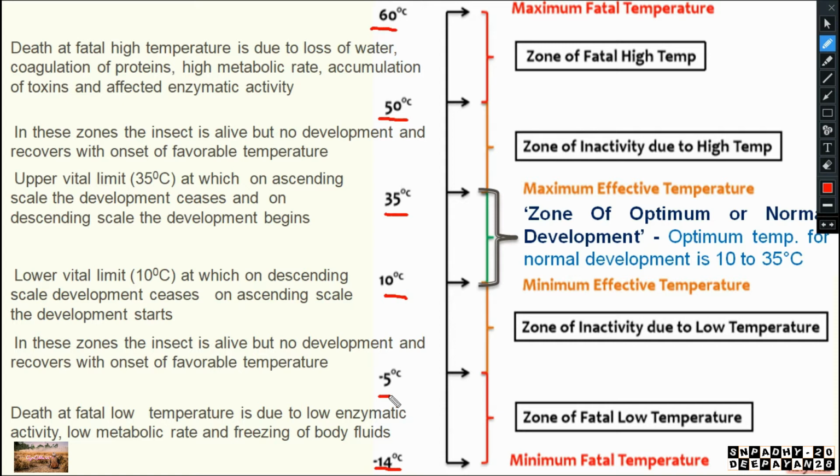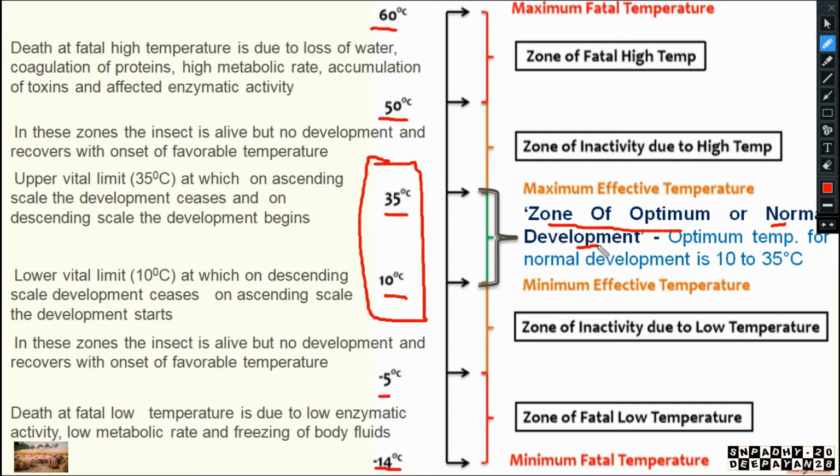Starting from this zone, because in the last video, where I gave you the concept of the effect of temperature in insects, I used one term, the zone of optimum or normal development. From that point we will start now. What is that zone? Zone of optimum or zone of normal development.